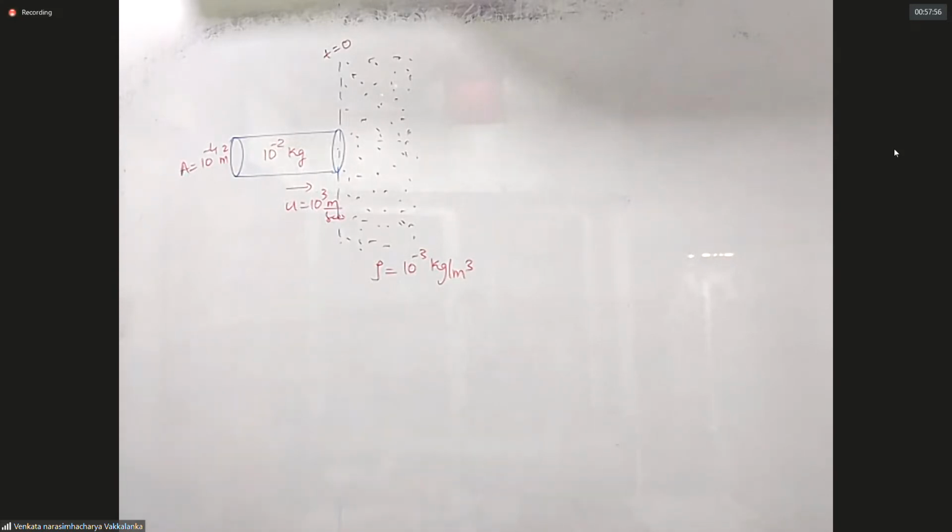Okay. हाँ यार सर, 10 raised to 5 ही आ रहा है.